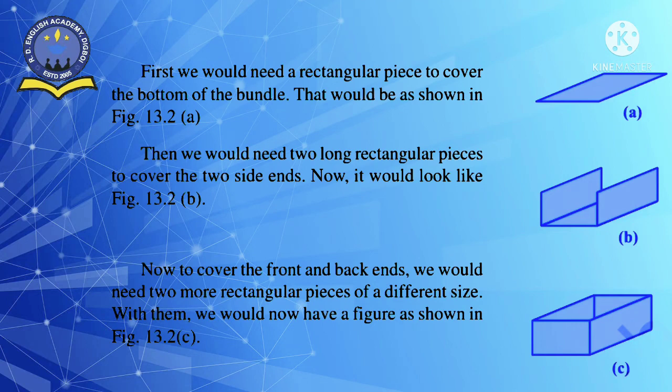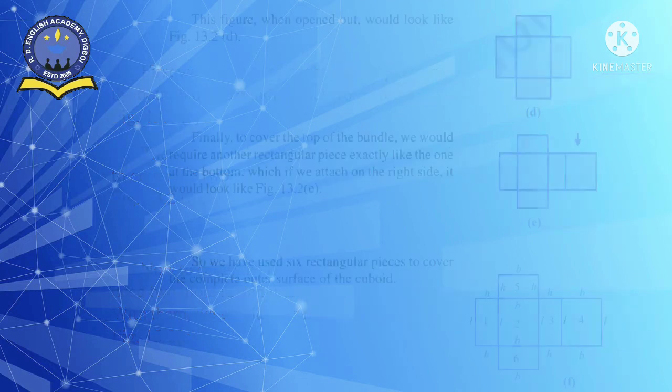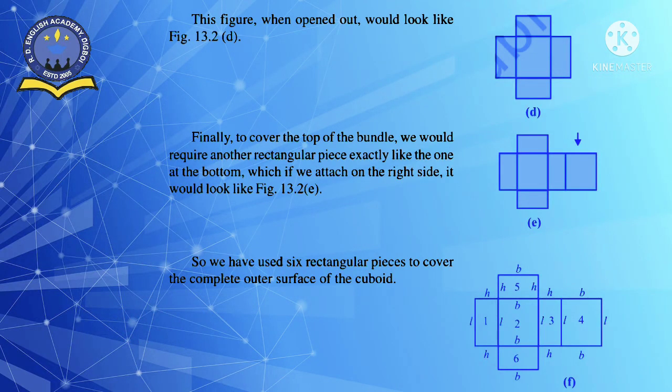Now in this figure number C, how many faces do we get? This one looks like figure number D. So here a total of 5 faces are there. Is it clear? Then the last one is finally to cover the top of the bundle. We have to cover up the bundle, and then in total we get 6 faces.